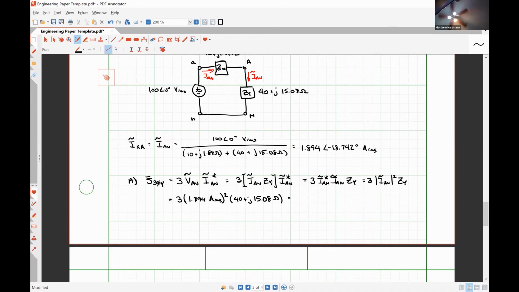And from this I get, in rectangular form, 430.447 plus J 162.275 VA. So since I have my complex power in rectangular form, what is the reactive power? Your imaginary portion. Right, so this guy right here is Q 3-phase Y.